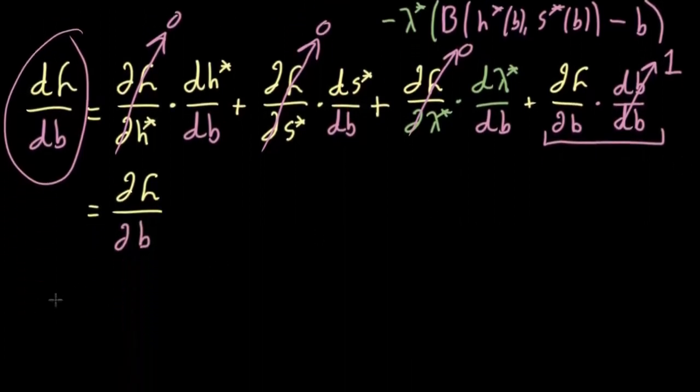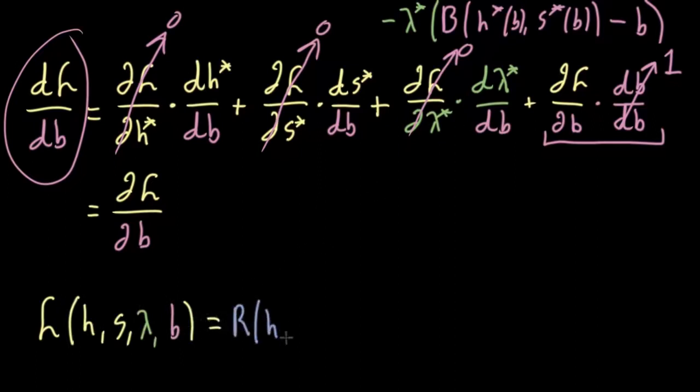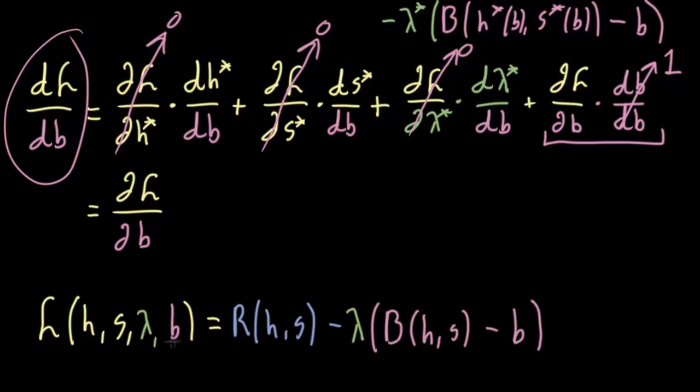If I consider it as a four-variable function of h, s, lambda, and b, what that equals is r evaluated at h and s, minus lambda multiplied by this constraint function b evaluated at h and s, minus little b. And this is now when I'm considering little b to be a variable.